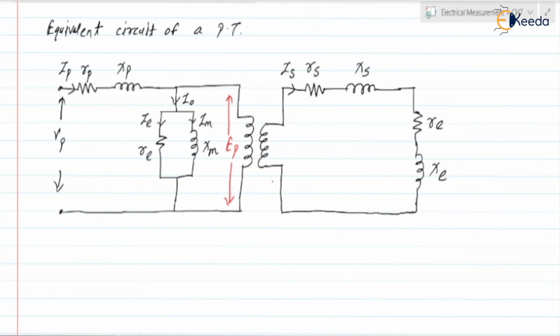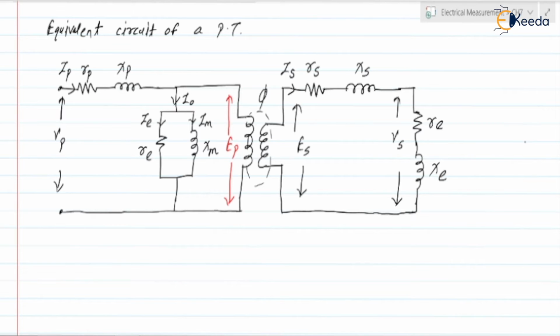This current is Is, and here it is Es. This is the secondary terminal voltage Vs. The flux produced here is phi. So this is the equivalent circuit of a potential transformer.